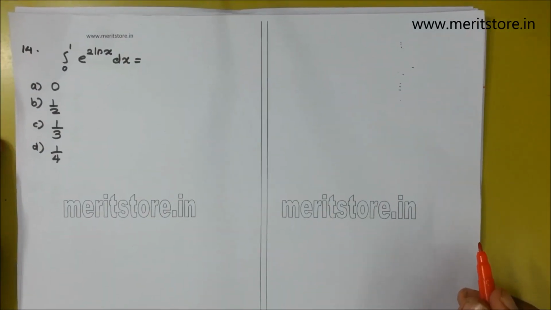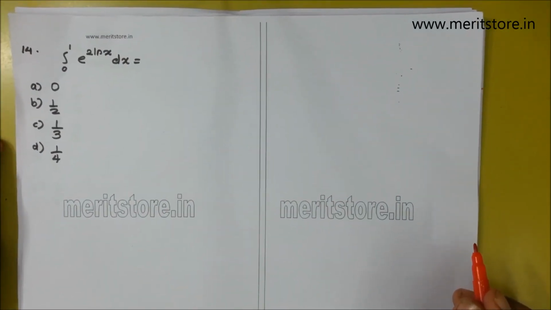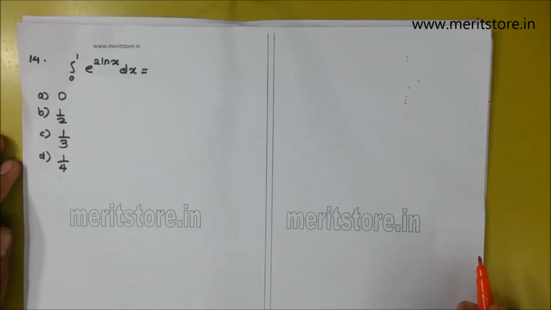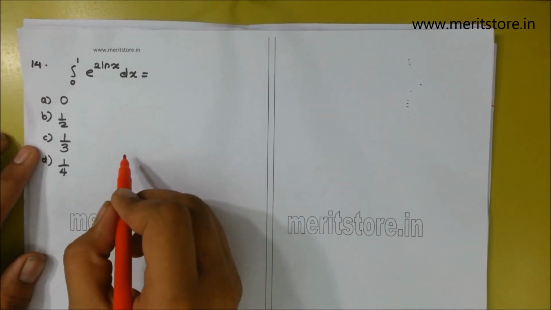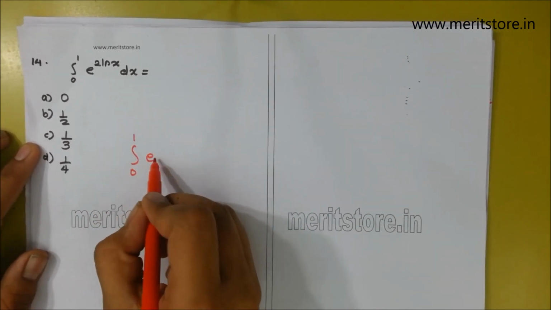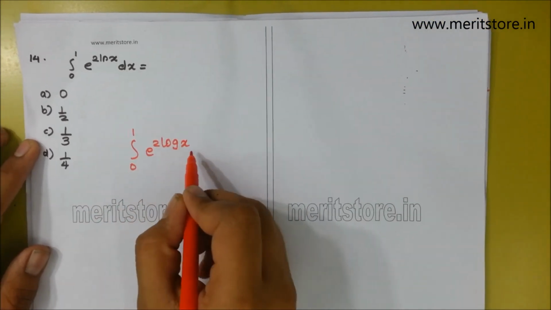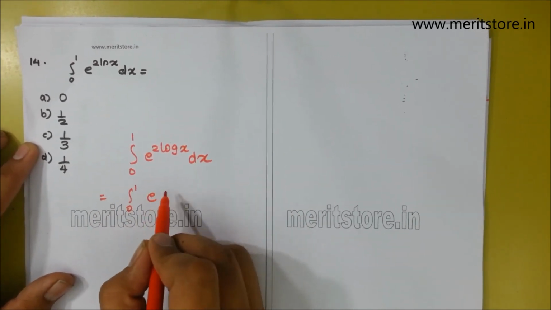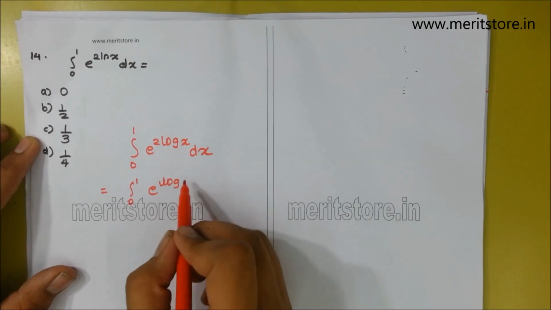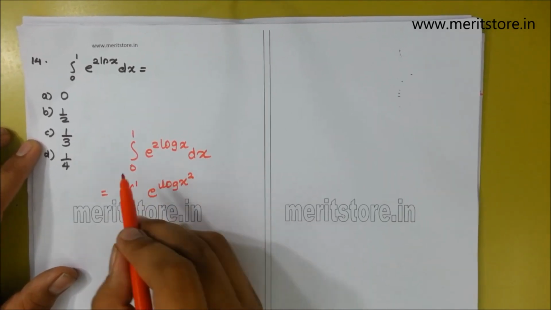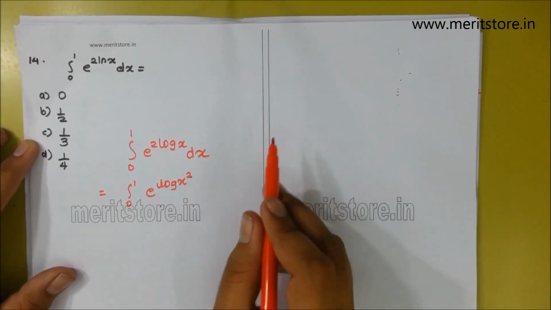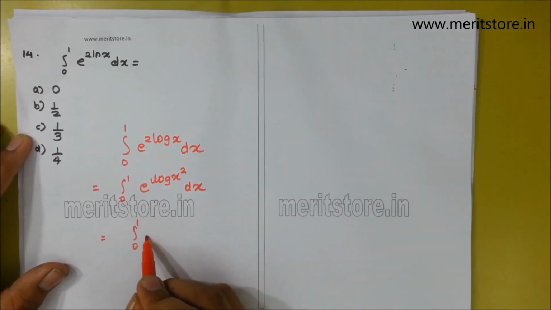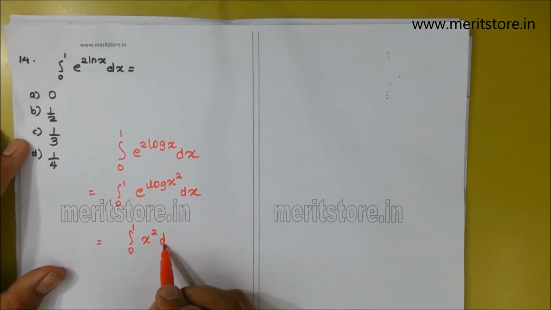Question number 14. Integral from 0 to 1 of e raised to 2 ln of x dx, which will give us integration of 0 to 1 e raised to 2 log x dx, which is nothing but integration of 0 to 1 e raised to log, this 2 will become x raised to 2, that is a log a, which is log x raised to a, dx, which will give us from 0 to 1 x square dx.